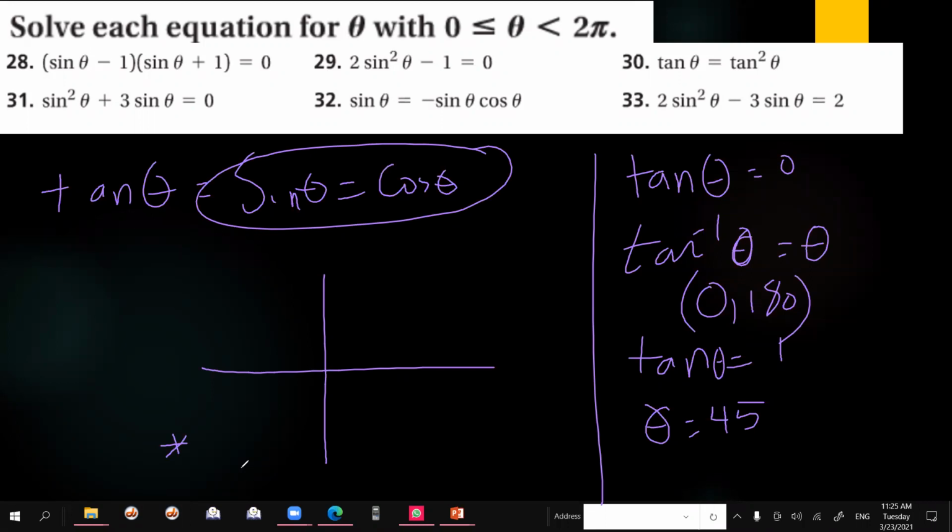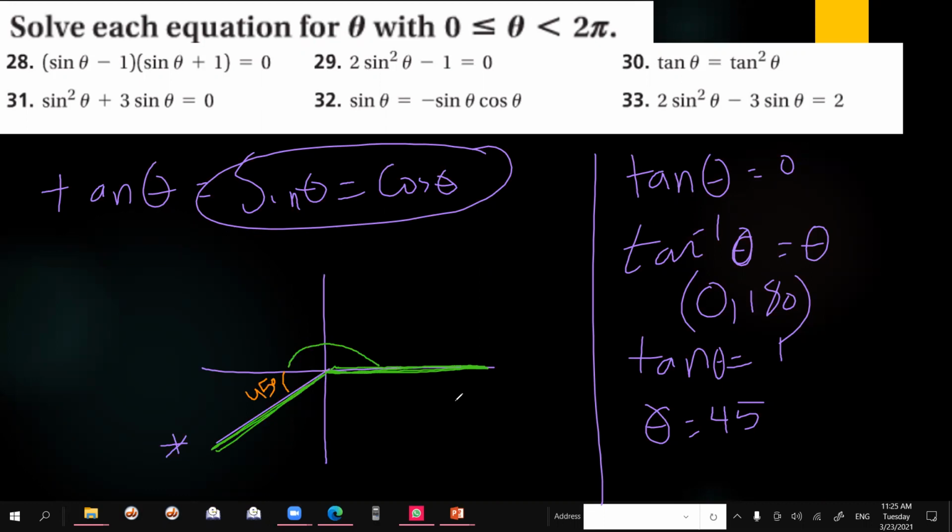I said it's 45, so I start to rotate from the nearest x-axis with 45 degrees. So the angle from this axis to this line is 45 degrees. But when I need to find the measure of the angle, I need to start rotating from the initial side, the positive x-axis, up to this line.